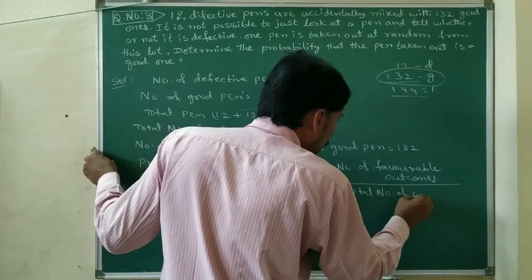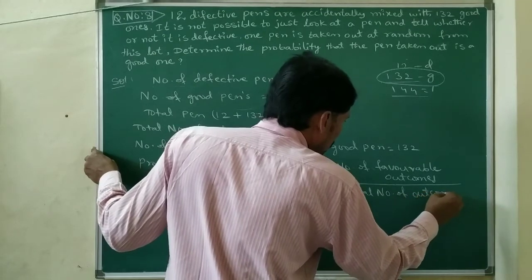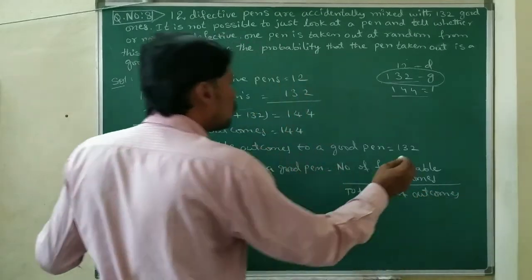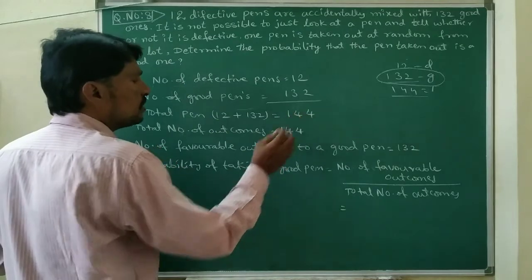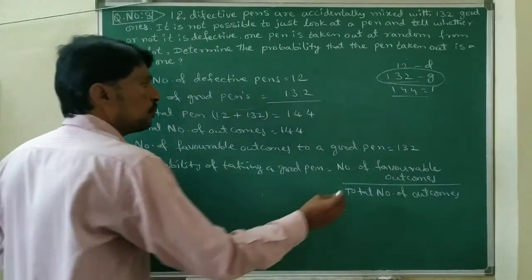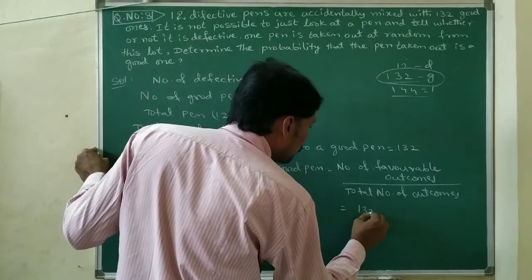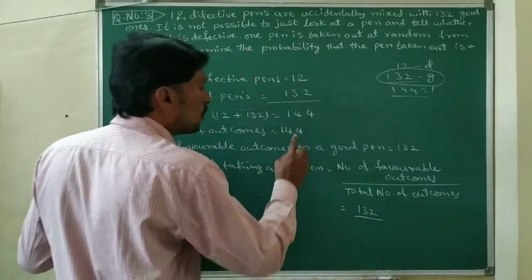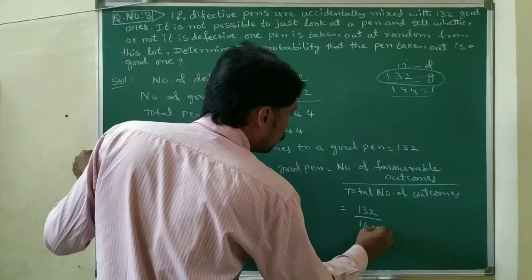The total number of outcomes we got here is 144. The number of favorable outcomes to a good pen is 132, by the total number of outcomes, 144.